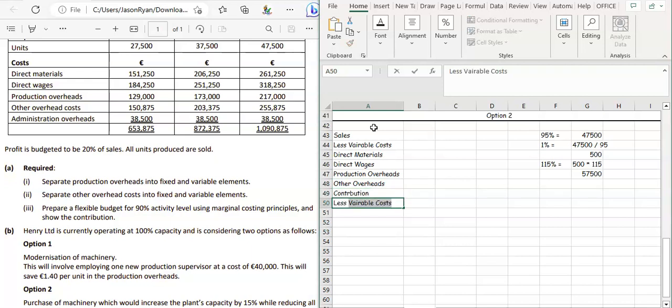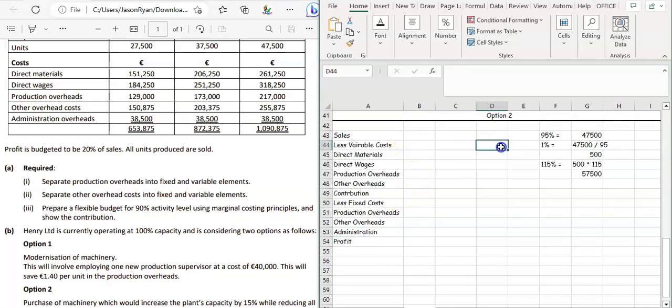Then you're going less fixed costs. Fixed costs are made up of production overheads from part A1, other overheads from part A2, and then we've got our administration. And that's going to give us profit. So profit's at 20%.